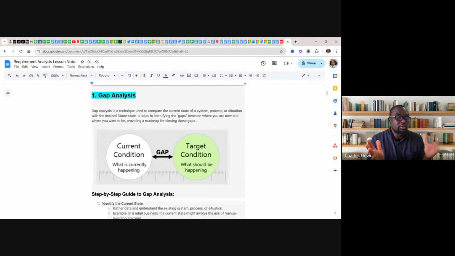Before we look for a solution, we must identify all the gaps between the manual and the automated, meaning that we want to identify all the benefits of automated lead management that manual lead management cannot provide. These are the gaps in the two processes. That is what gap analysis is all about.